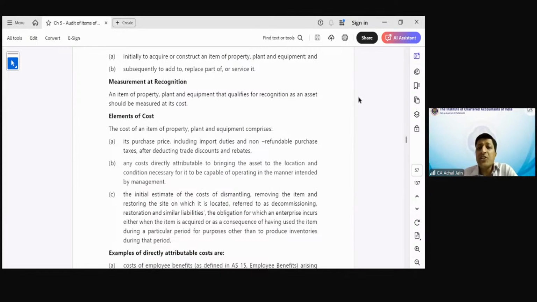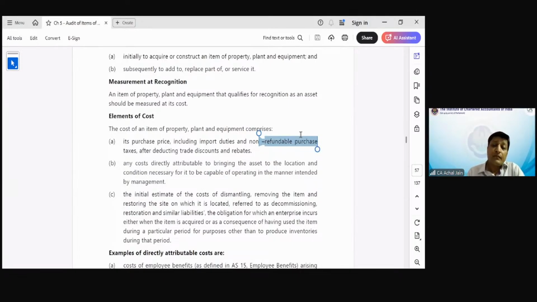At the time of initial recognition, when you measure PPE at cost, the question arises, what are going to be the cost components? For PPE, there are three categories, broadly. One is the purchase cost, which includes purchase price, import duties, non-refundable taxes, trade discounts, rebates, etc.